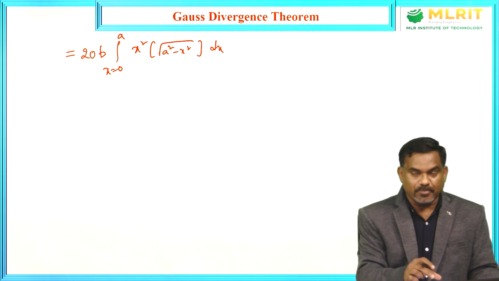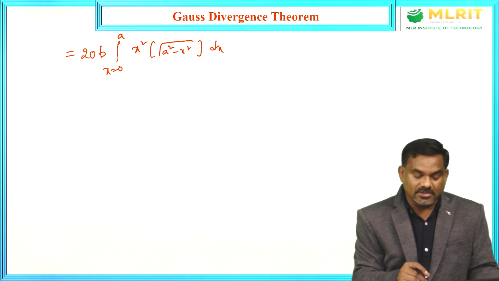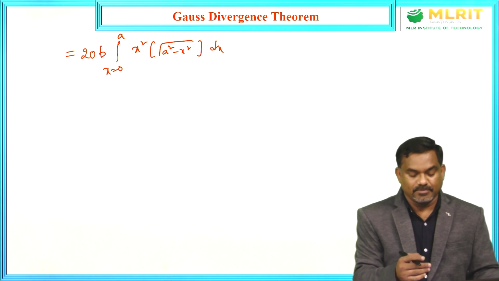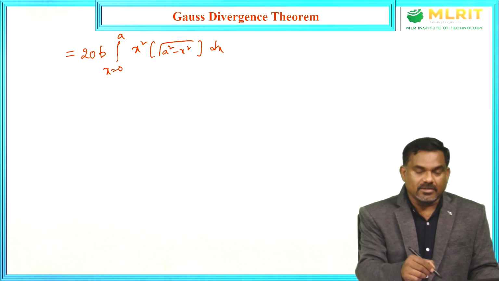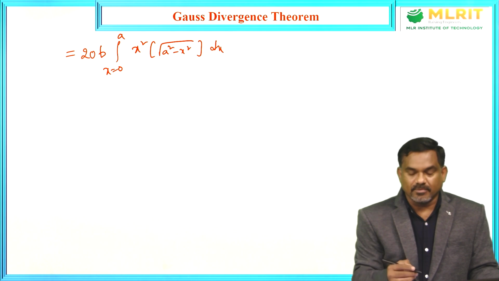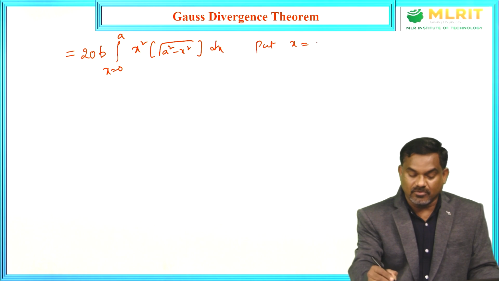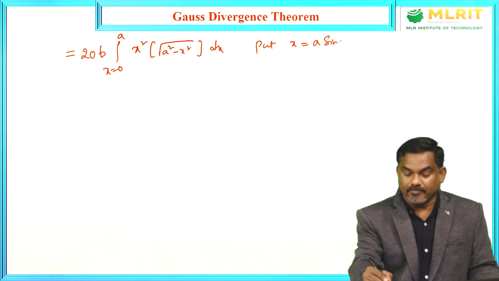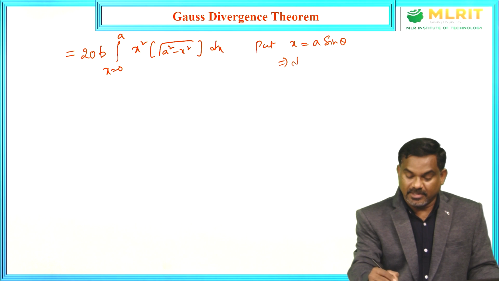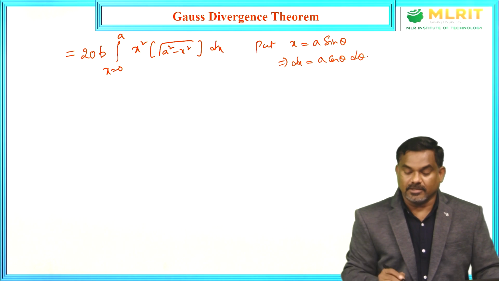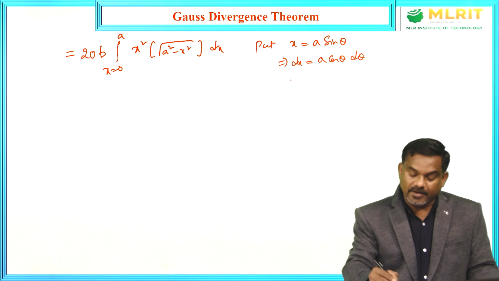So if it is possible, we can integrate this as it is, or otherwise for our convenience or for simplicity, we can transform x to any other parameter. For example, let us put x equal to a sin theta. Then what happens? dx is a cos theta d theta, and limits.